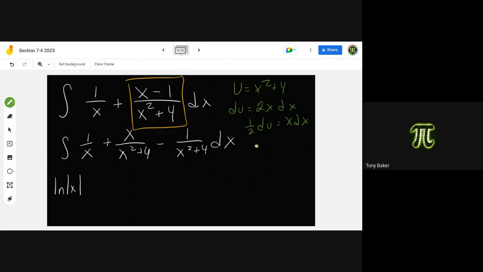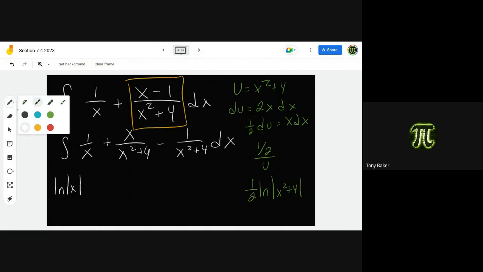So I'm going to end up with 1/2 over u, which is 1/2 ln of u. So 1/2 ln of x squared plus 4. So it was that. Sorry, I just didn't do it that quickly in my head. And I was wrong because I thought it was the same thing as the last one. It does end up working that way out. It's just, because of the x, you have to do your substitution for it.